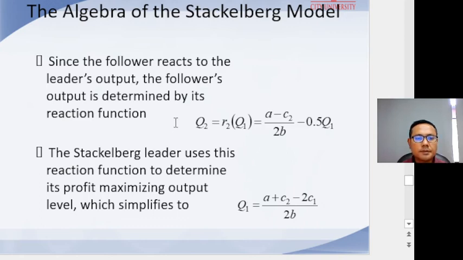Since the follower reacts to the leader's output, the follower's output is determined by its reaction function. The Stackelberg leader uses this reaction function to determine its profit maximizing output level, which simplifies to here.